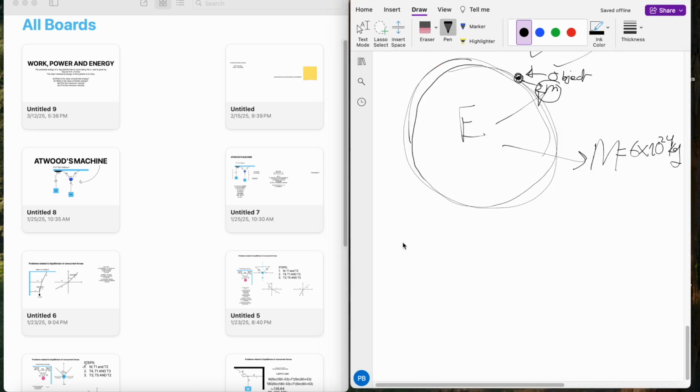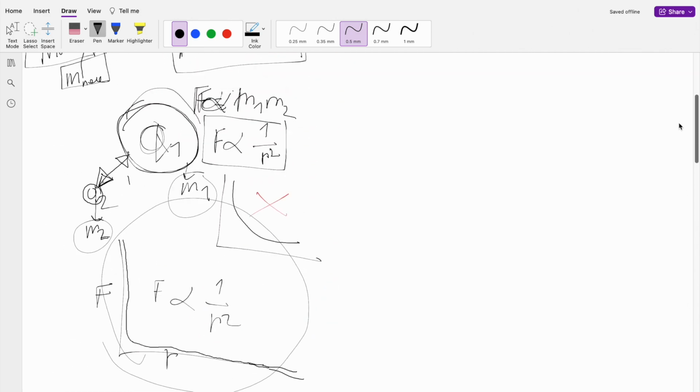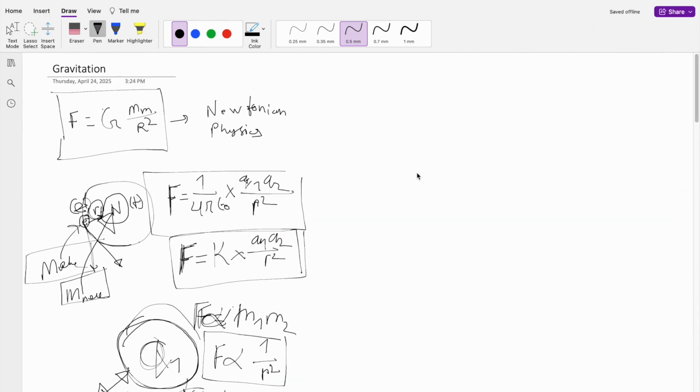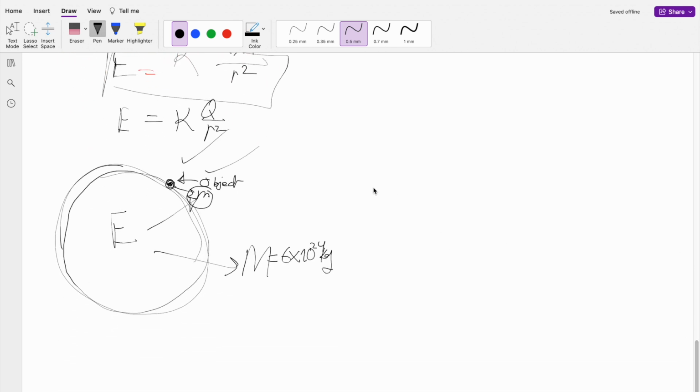Okay, so this electric intensity equation will turn into, this k will turn into g, and this q will turn into m, and this r square will remain the r square.